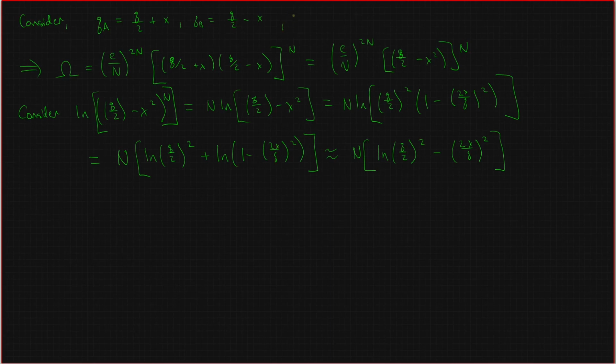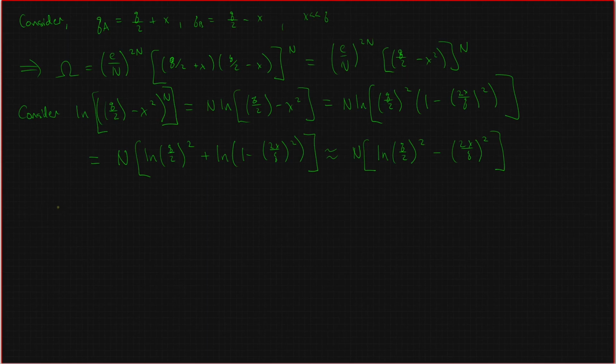So that's an implicit assumption up here that I said out loud but didn't write. So x is much, much less than q. So this term, as we were mentioning before, is of the form 1 plus x, but now it's 1 minus this quantity. So it just becomes minus the quantity (2x/q)². Okay.